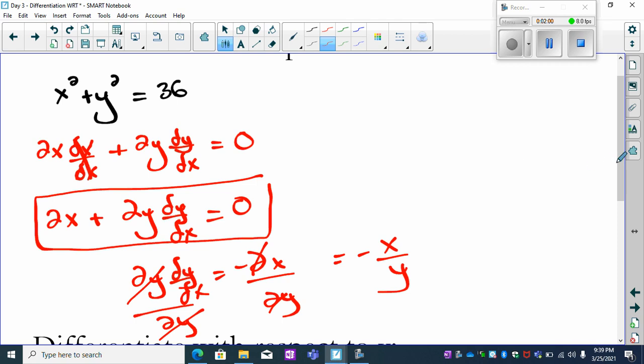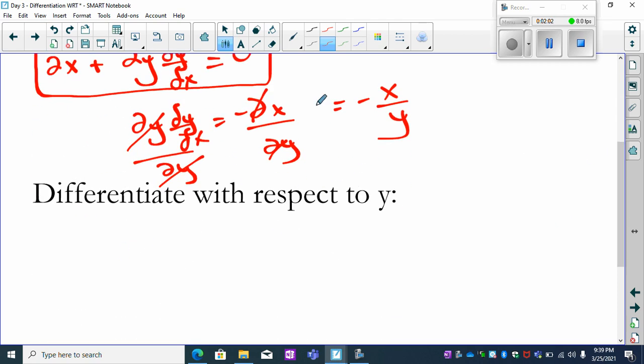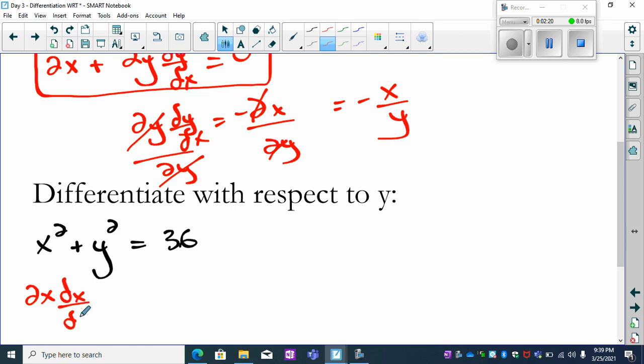Now, we could have easily done that question differently if they had asked me to differentiate with respect to y. It would look like this. The derivative of x squared with respect to y would be 2x times the derivative of x with respect to y. The derivative of y squared would be 2y times the derivative of y with respect to y.